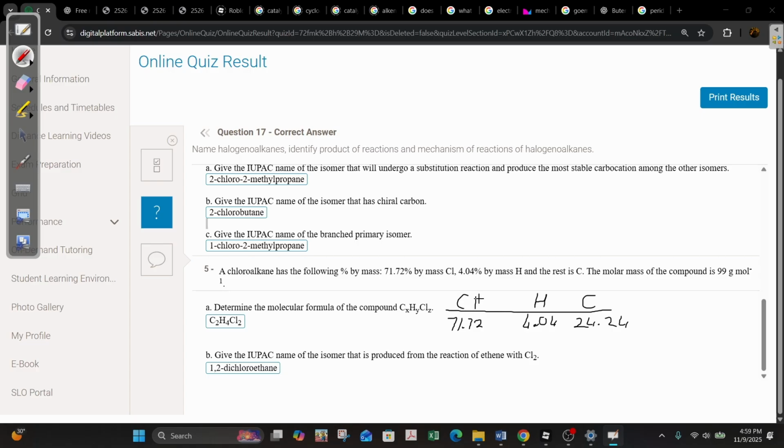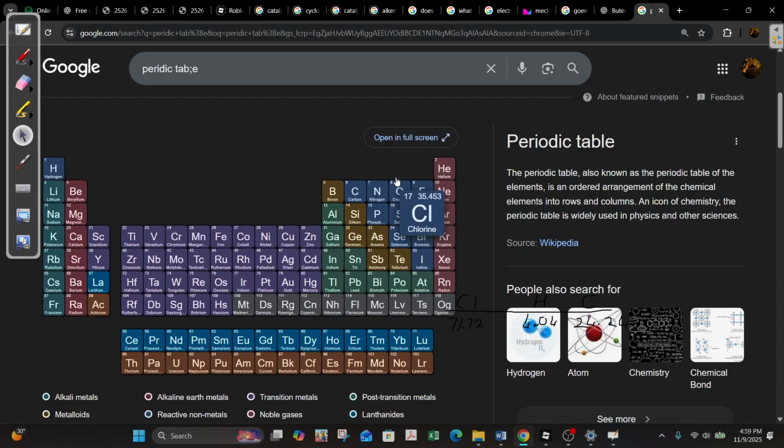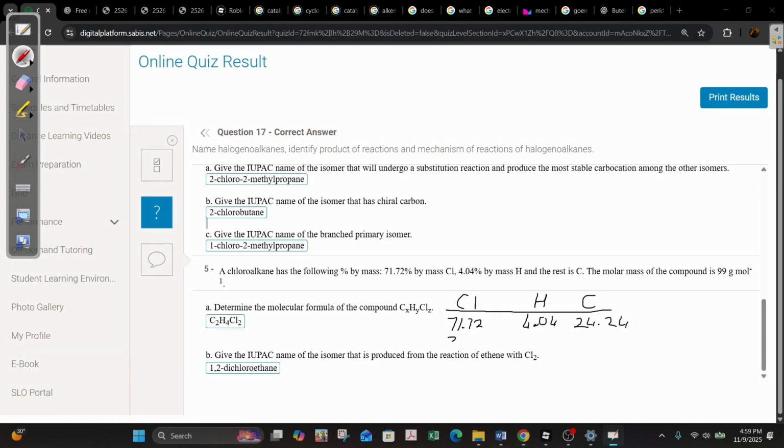Afterwards, you divide each by the mass of the atom. So chlorine has a mass of 35.5. So we're going to put 35.5. Hydrogen has only 1. Carbon has 12. Divide it and you'll get 4.04.